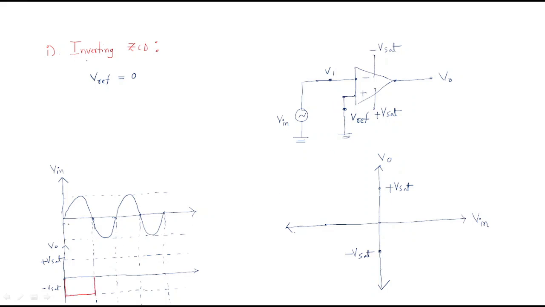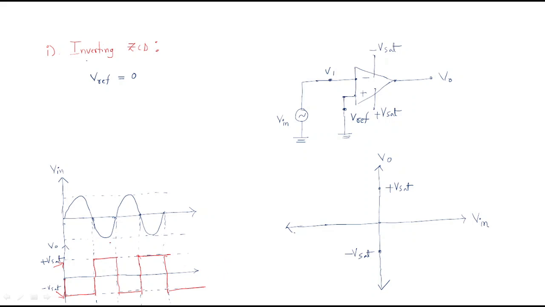And for the negative half cycle applied to the inverting terminal, it compares with the reference voltage, then it will generate the positive voltage. For the positive half cycle, it will generate the magnitude of negative saturation, and after that it will generate the positive saturation like that.